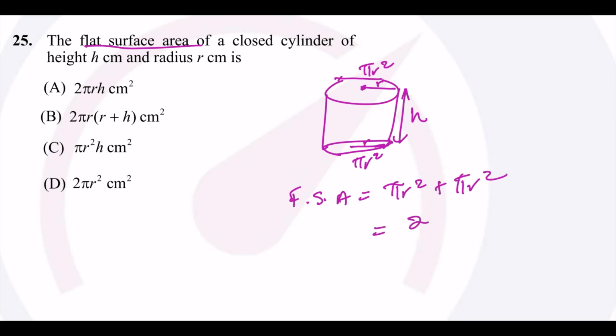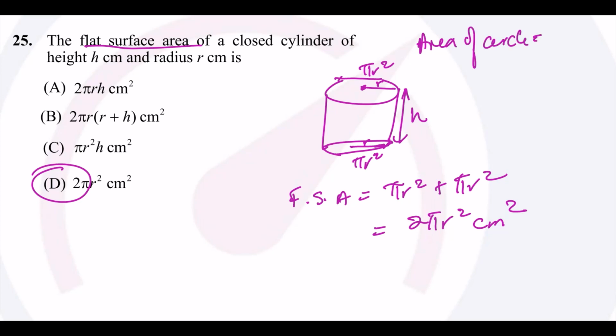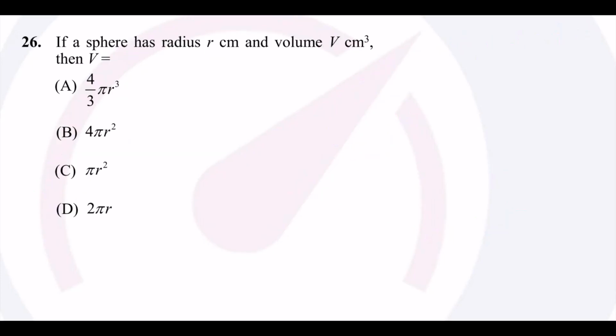So we get 2 pi r squared centimeters squared because it's area. So which one matches our answer? Answer matches D. Very sorry. Do not make that mistake like me. Area of a circle is equal to pi r squared.